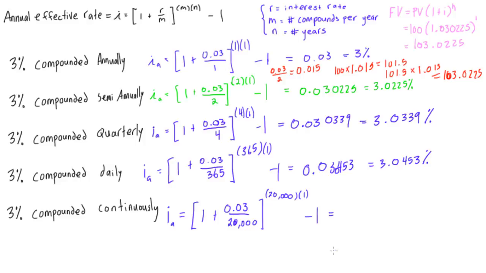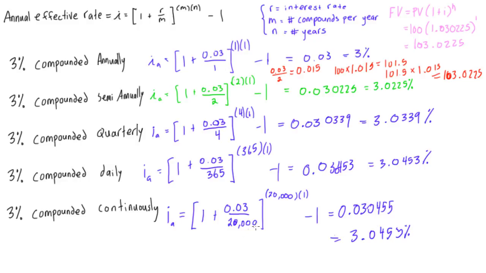And we're going to find the annual effective rate when you compound continuously at 3% is going to be 0.03045, and this translates obviously to 3.0455%.